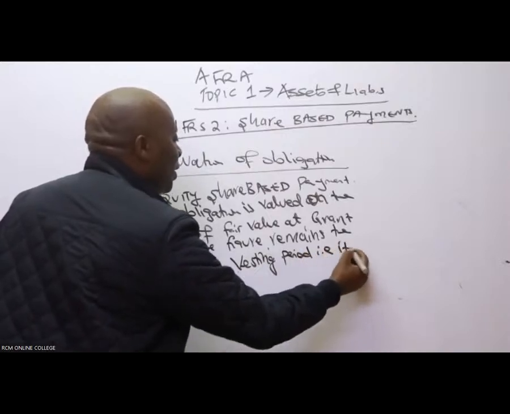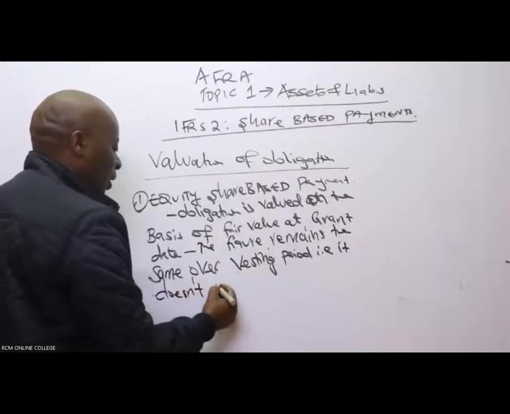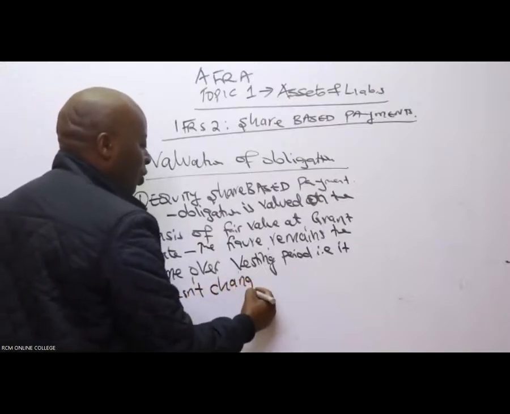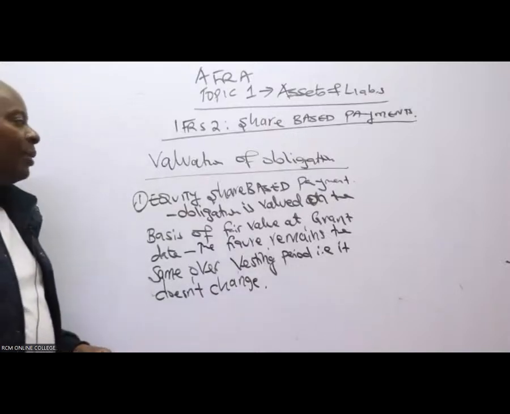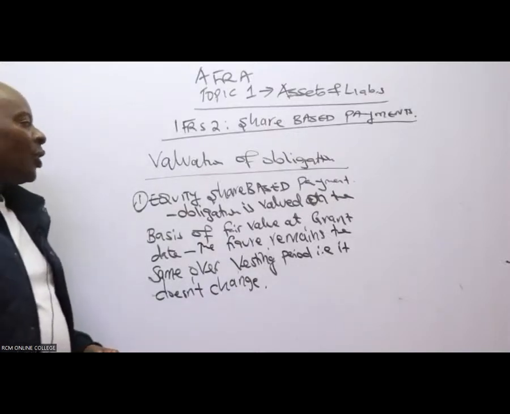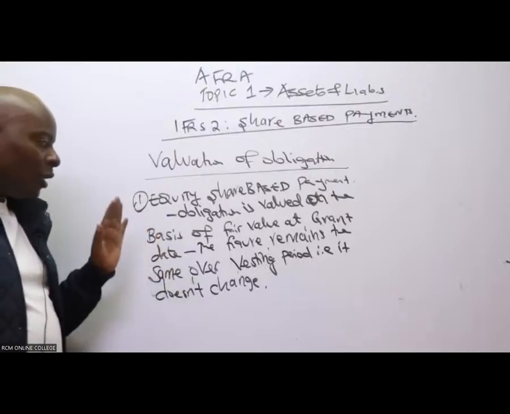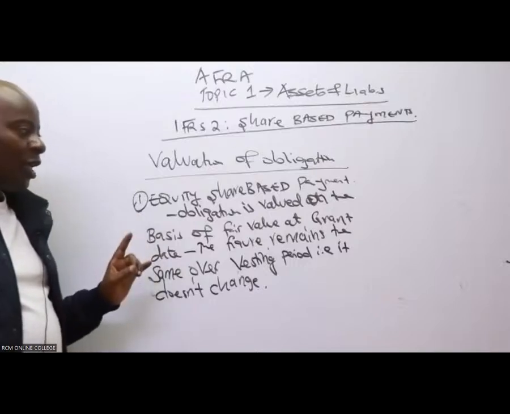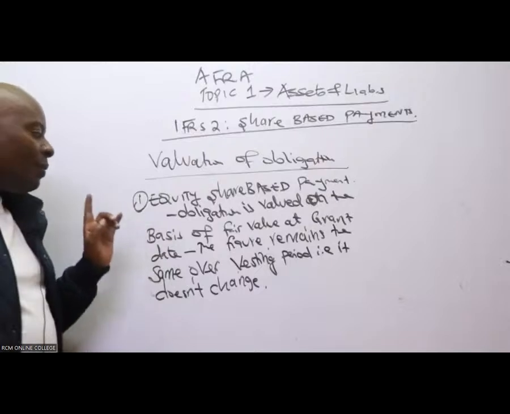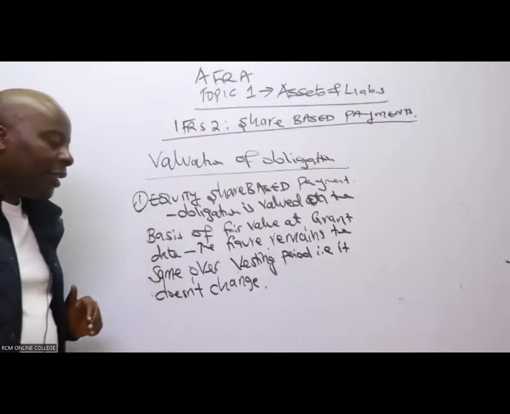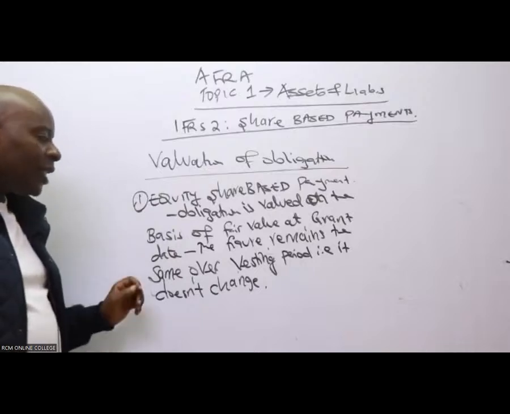So if it's equity settled or equity share-based payment, then the obligation is valued on the basis of fair value as at the grant date. And this figure will remain the same over the vesting period. It doesn't change.